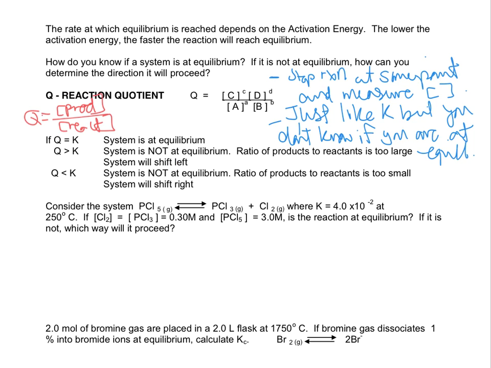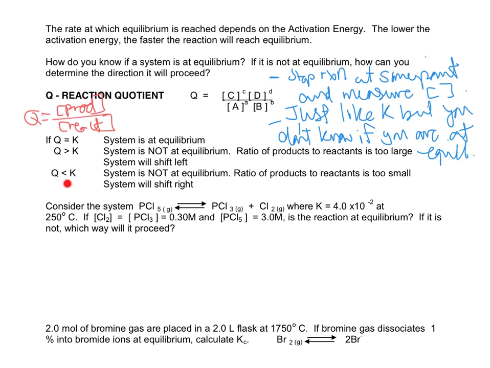And so your system will shift to the left to make more reactants. So that means the reverse reaction, going to the left, will be faster until you reach equilibrium.